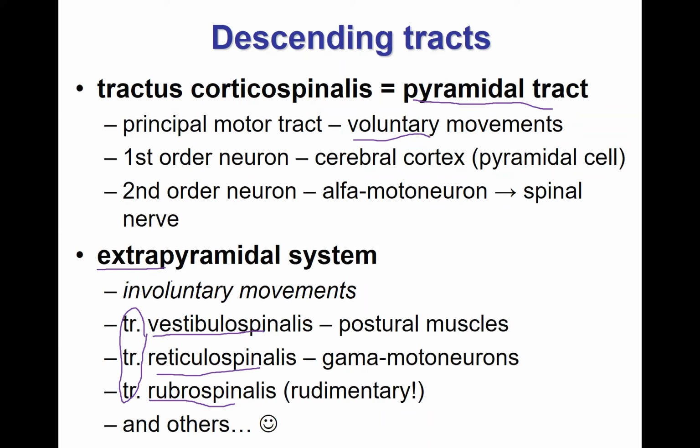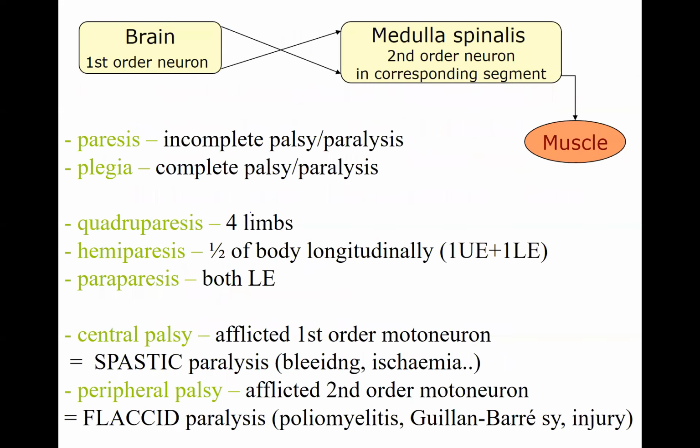So in neurology, when you have an extrapyramidal symptom, it's a symptom of a lesion of the non-pyramidal, non-voluntary tracts. So the term extrapyramidal system means the involuntary movement tracts. Okay, so these are some neurological terms which you have to understand. So this concerns the pyramidal tract.